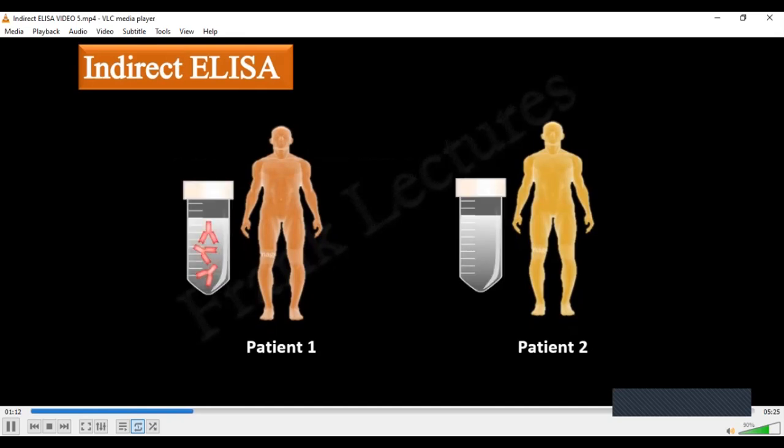These are two serum samples from two different patients. Let's assume antibodies of interest are present in the serum of patient 1 and absent in the serum of patient 2. Other antibodies may also be present in the serum of these patients, but we are not showing them here.